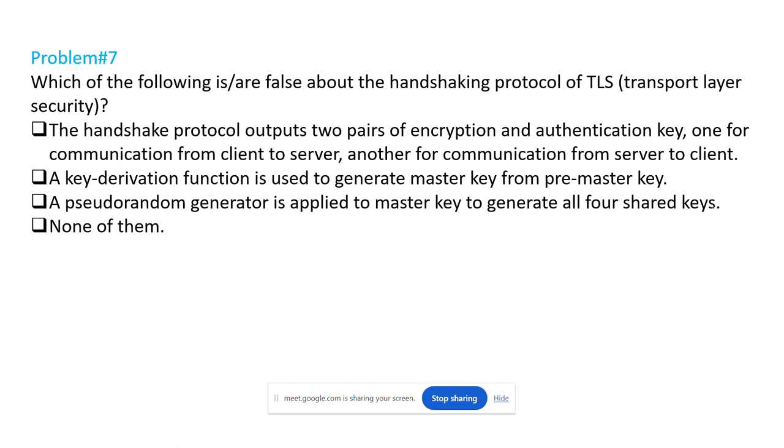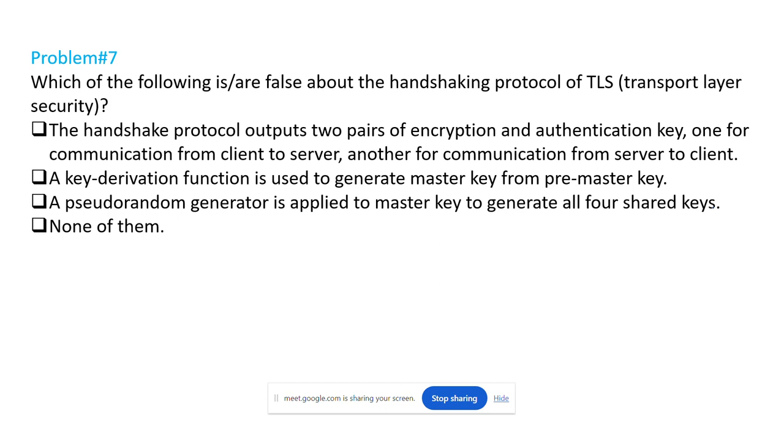If you remember from the lecture slides, the pre-master key is the key chosen in the key encapsulation phase, in the key exchange phase. Usually one of the parties chooses the pre-master key, encapsulates it and sends the encapsulation to the other party, who decapsulates it and gets the corresponding pre-master key.